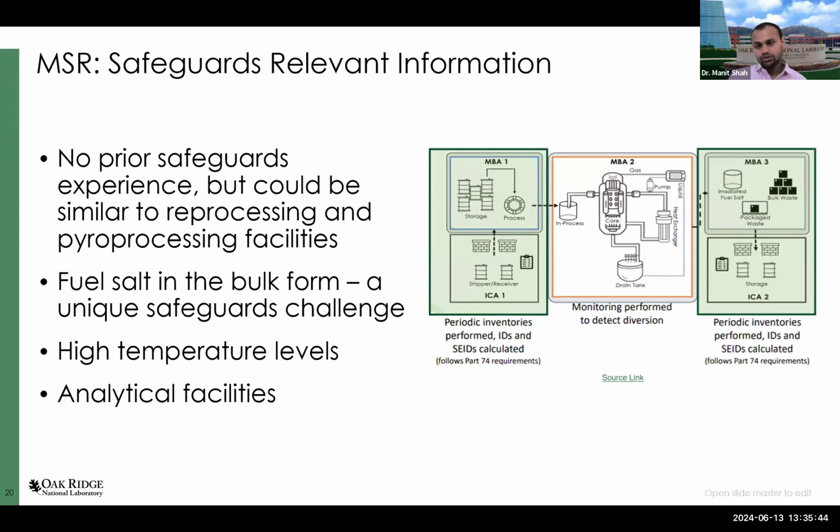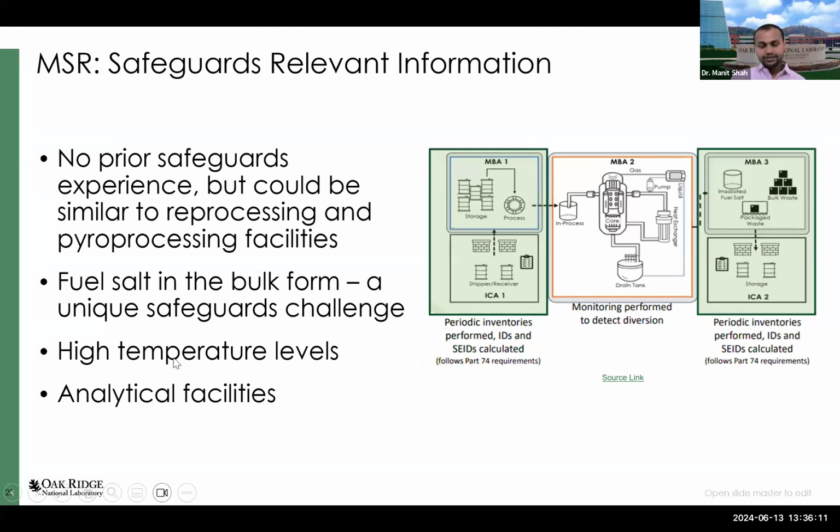But although there is no safeguards experience, it's closely similar to a reprocessing or pyroprocessing facility where the material is in loose form, but the temperature levels are different, and in some sense the radiation levels are also different. Fuels are in bulk form, so it's a unique safeguards challenge compared to other reactor designs.